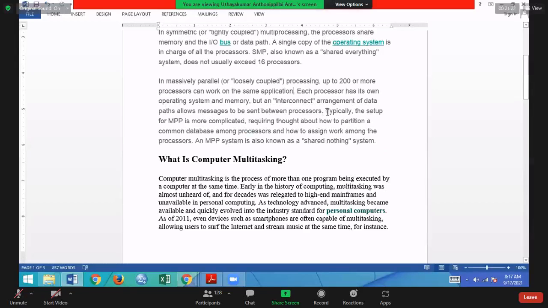Typically, the setup for MPP, massively parallel processing, is more complicated, requiring thought about how to partition a common database among processors and how to assign work among the processors, right?